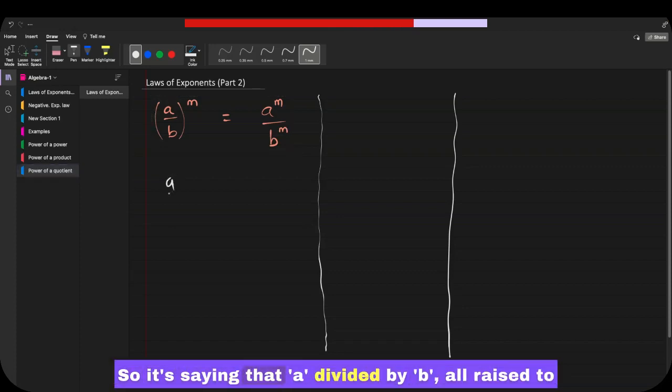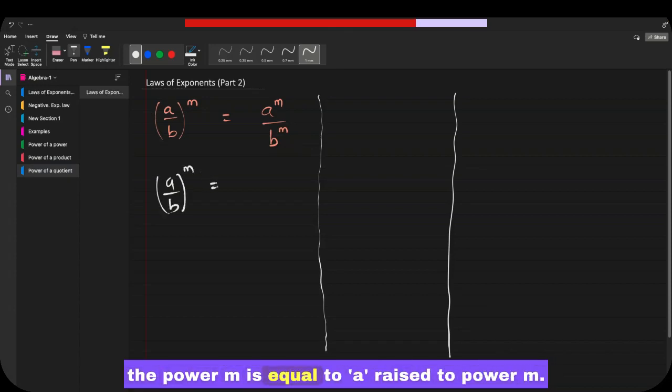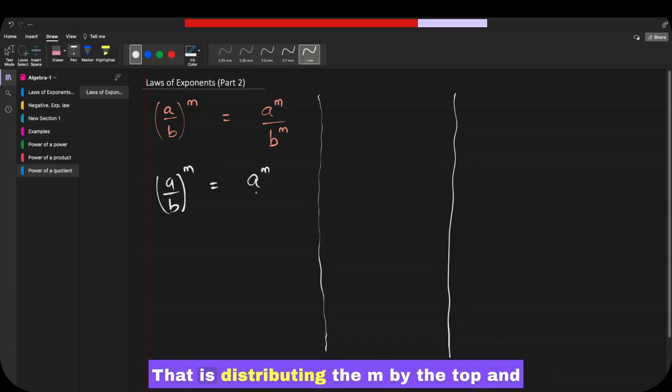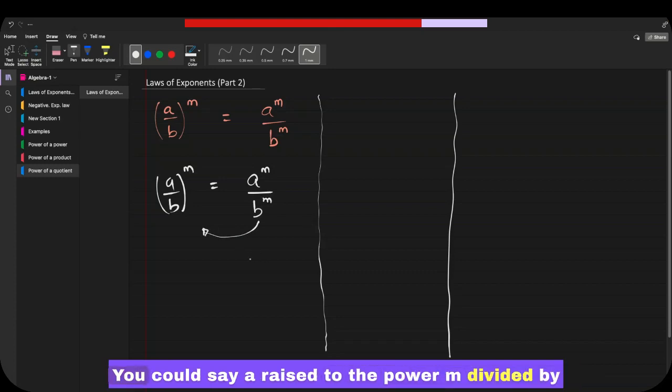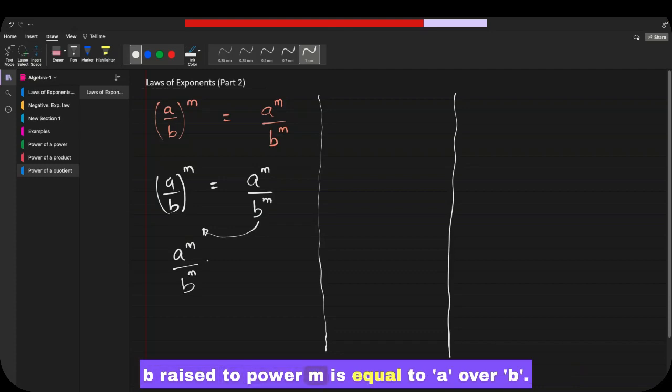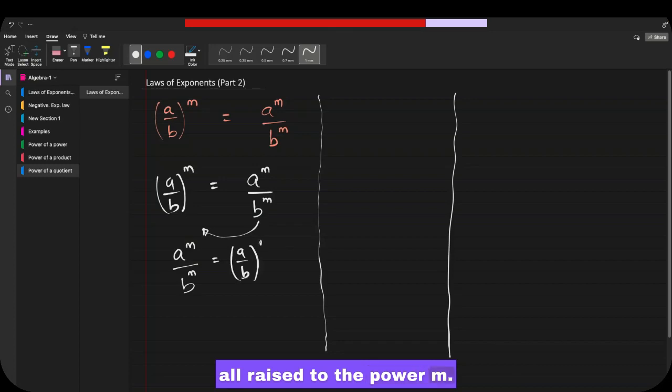So it's saying that a divided by b all raised to power m is equal to a raised to power m, that is distributing the m to the top and the bottom, and b raised to power m. If you want, you can also reverse the process, right? You could say a raised to power m divided by b raised to power m is equal to a over b all raised to power m. We are saying the same thing. They can be used interchangeably.